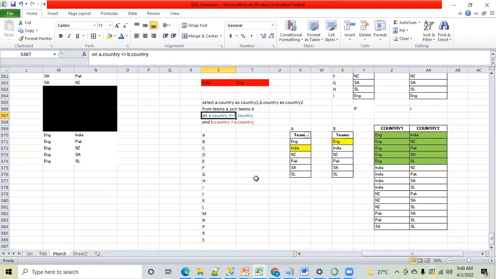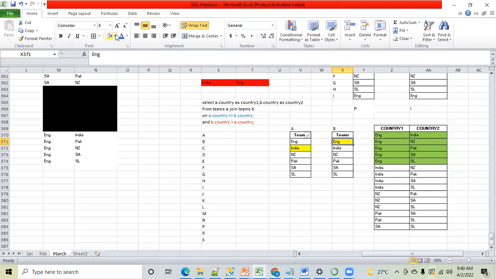Yes, both the countries are different. Second condition, B dot country should be greater than A dot country. Do you think B dot country England, E, is greater than I? No, E is not greater than I.